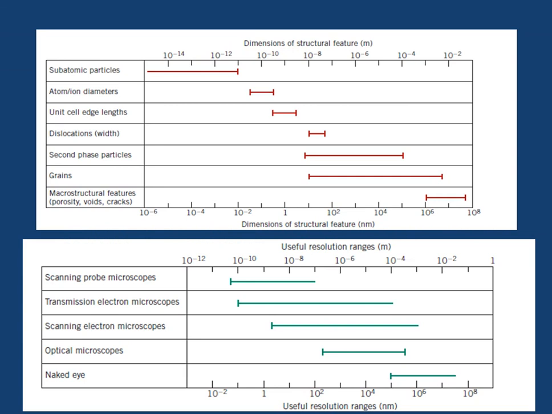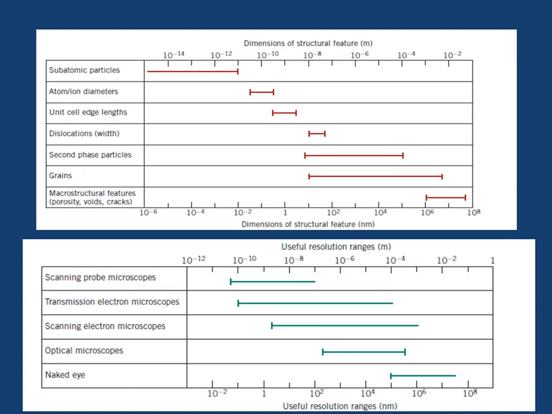We'll just discuss that the scanning probe microscope has a resolution of 10 exponent minus 10 to 10 exponent minus 7 around. The transmission electron microscope has a resolution of 10 exponent minus 10 to 10 exponent minus 4. The SEM has a resolution of 10 exponent minus 9 to 10 exponent minus 3.